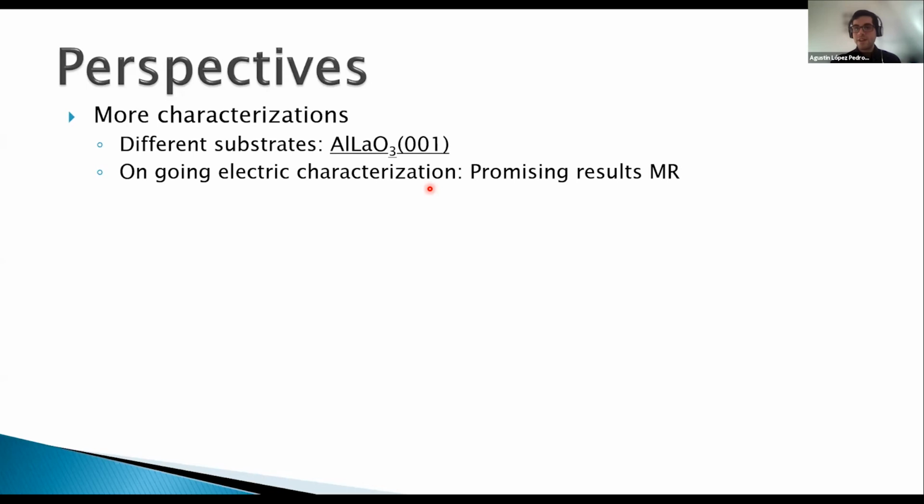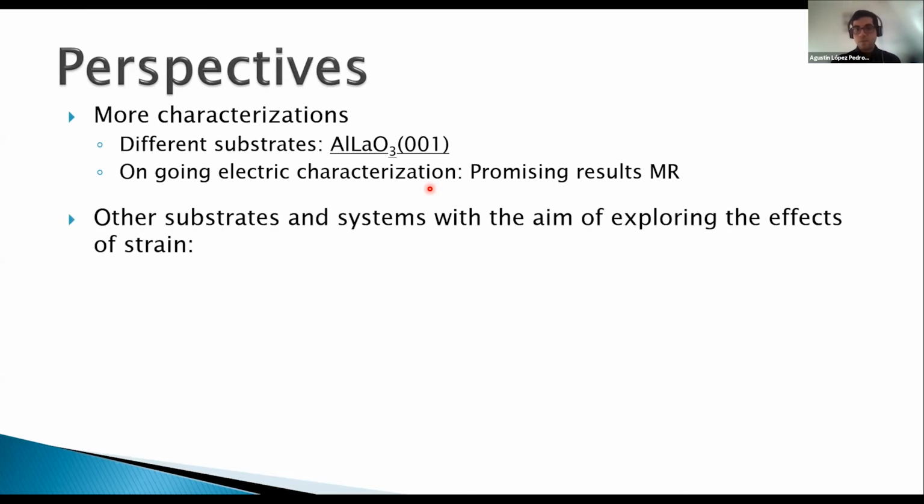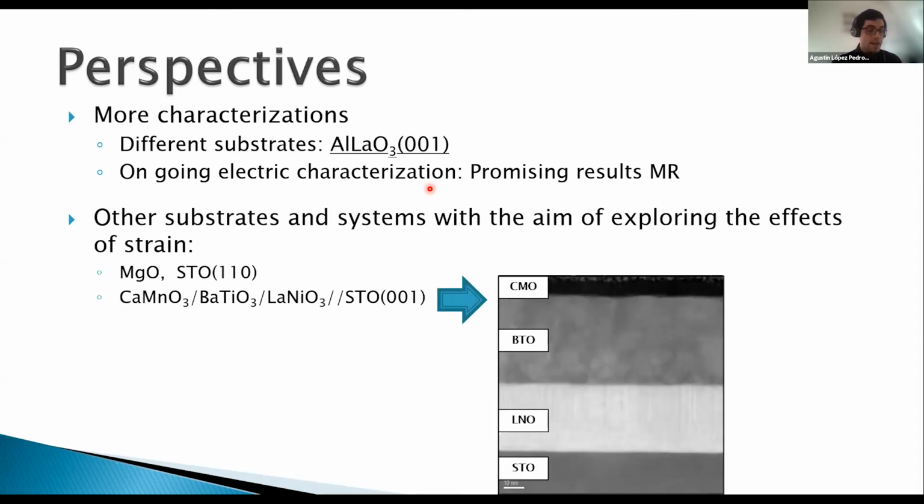But we are trying to understand a little bit better what is happening, and I hope that I can share those results in the near future. And we continue with other substrates, for example manganese oxide and STO with another crystal configuration, and more complex heterostructures in order to induce a strain using an electric field, for example, in this kind of material, using a ferroelectric below.